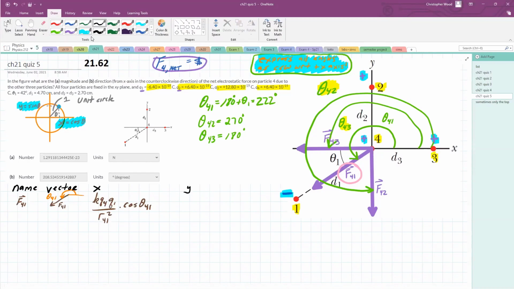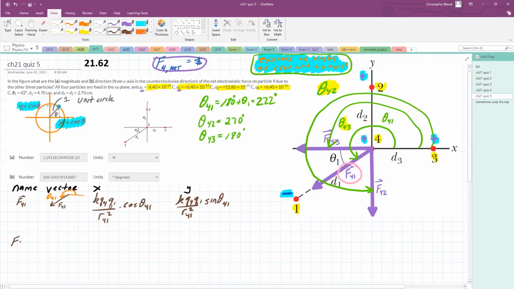The y component is exactly the same, k Q4 Q1 over r41 squared, but now I need sine theta 41, since sine captures the y component. And now we can cruise.